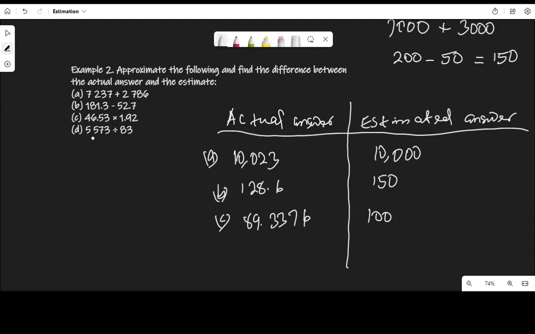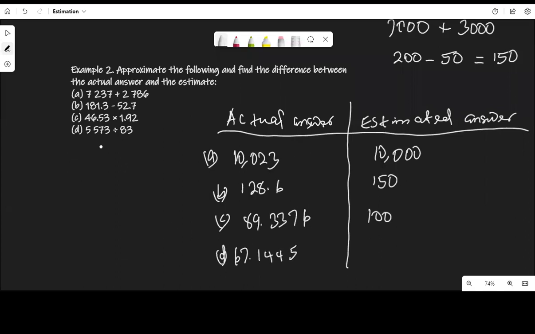And lastly, 5,573 divided by 83. Let's use a calculator to get the actual value. 5,573 divided by 83 is 67.1445.